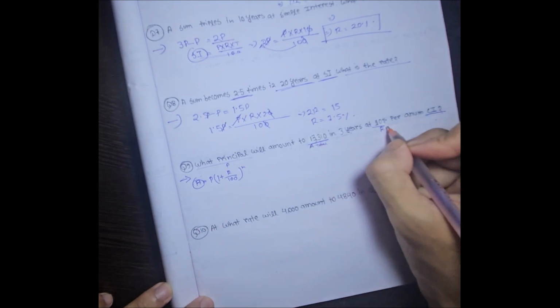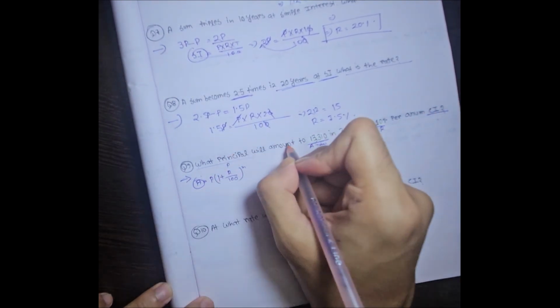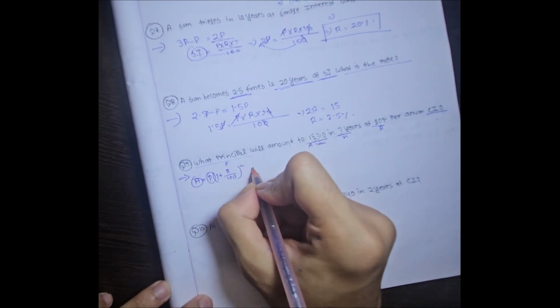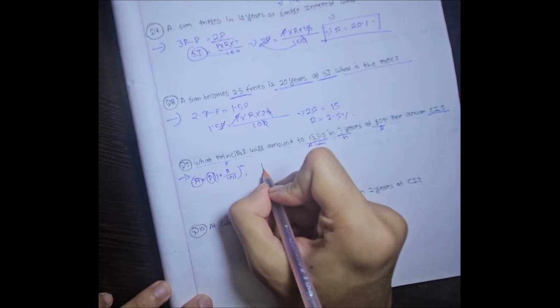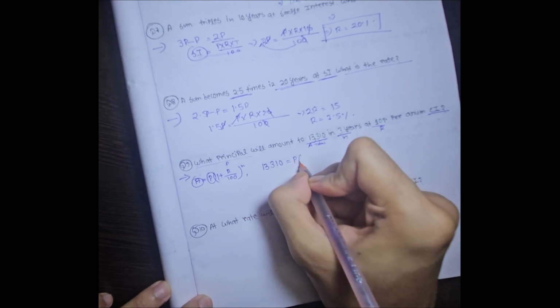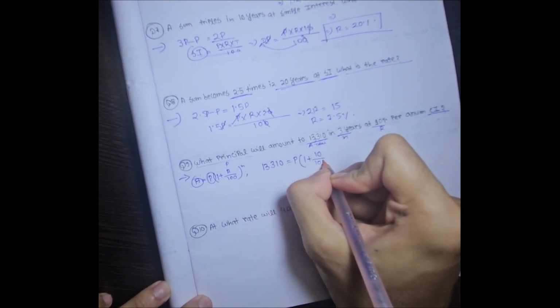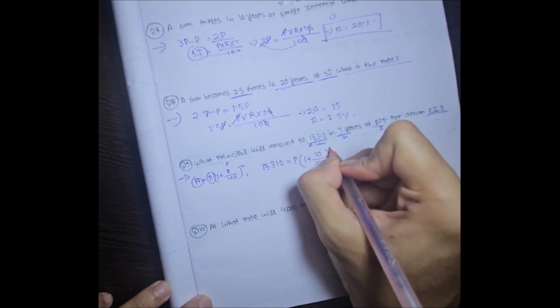So here n is 3, and we need to find the principal, this one. So if we put in the values, it is 13,310 equals p times (1 plus rate of interest, which is 10 by 100) to the power 3.